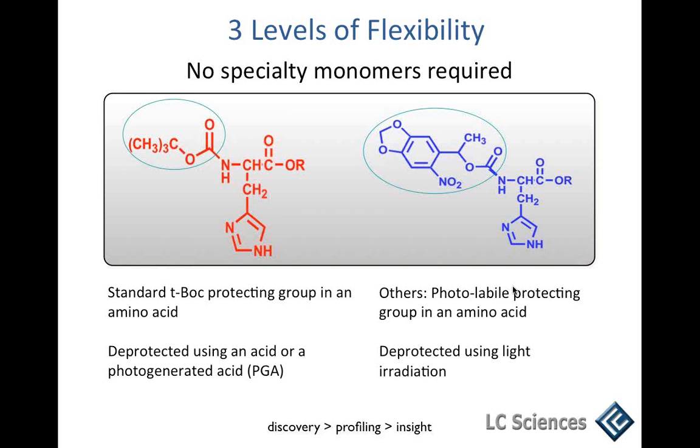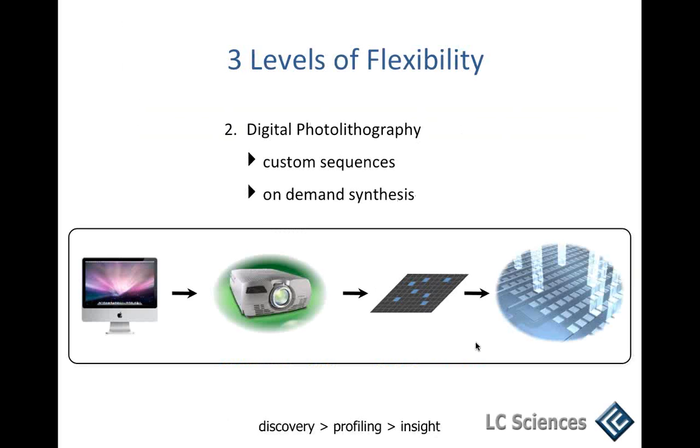And the second part is the digital photolithography. What this means is basically that a computer is used to generate the mask that is then projected onto the chip and regulates where the UV light hits the chip and where not.